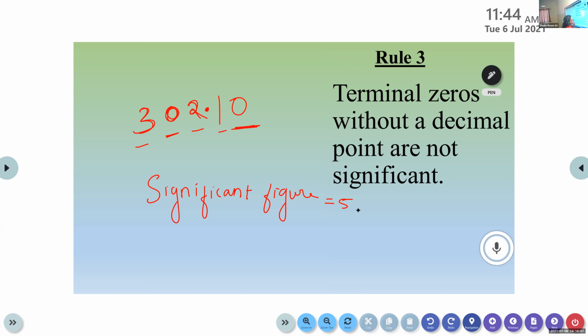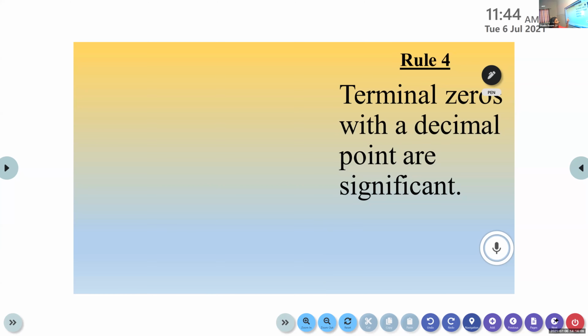Rule number 4 is in connection with this. Terminal zeros with a decimal point are significant. This is our rule number 4. Terminal zeros with a decimal point are significant.